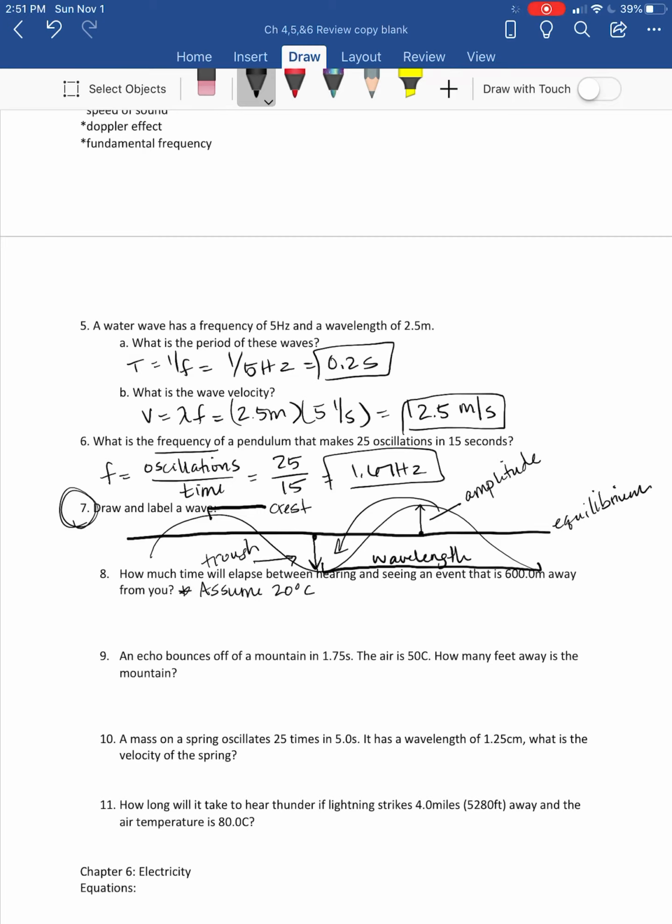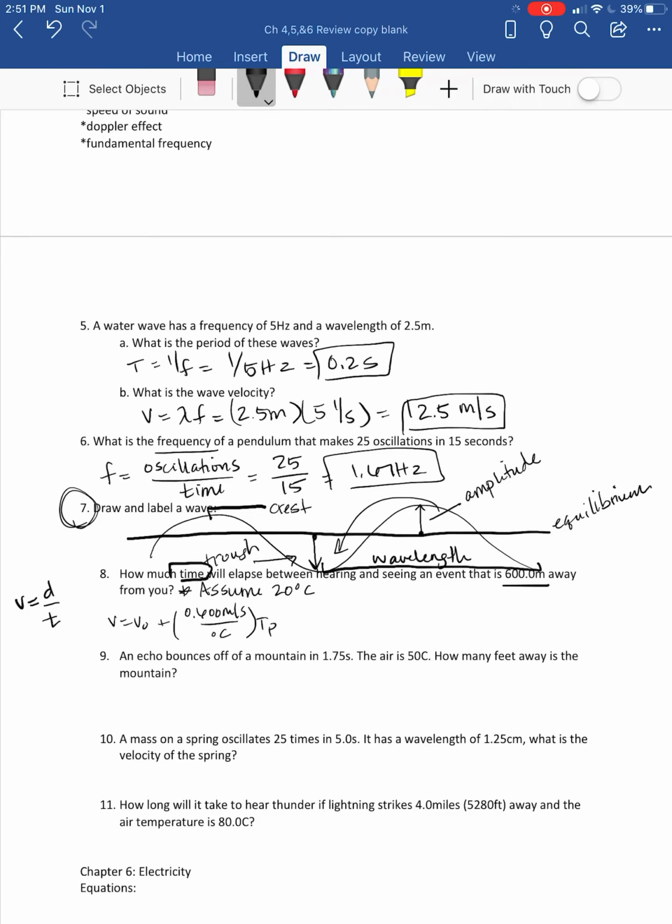This is one of those where we have to use the velocity equation, because this wants us to figure out time. Remember, velocity is equal to distance divided by time, so we could rearrange that and solve for time. But first we have to find the velocity.